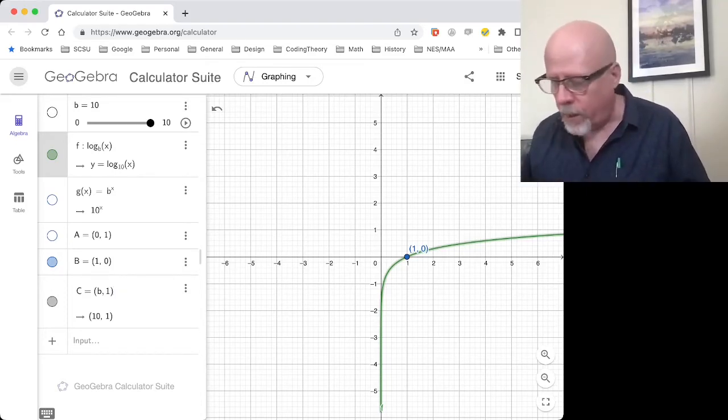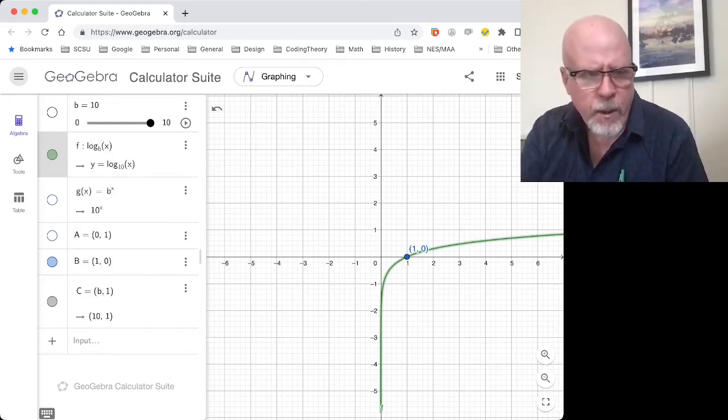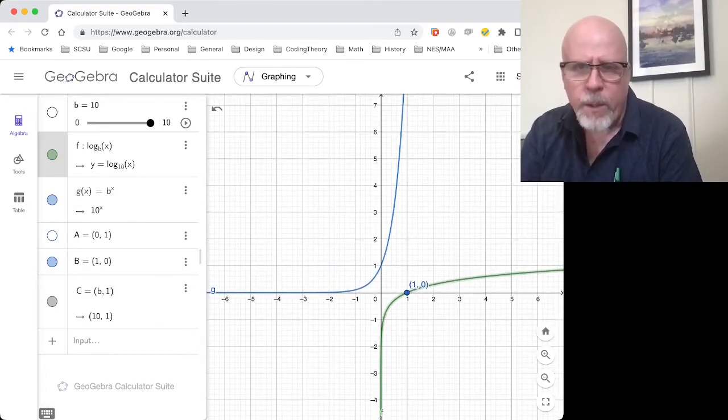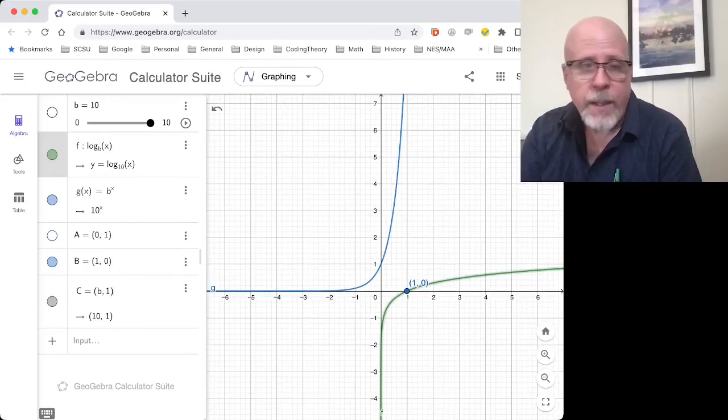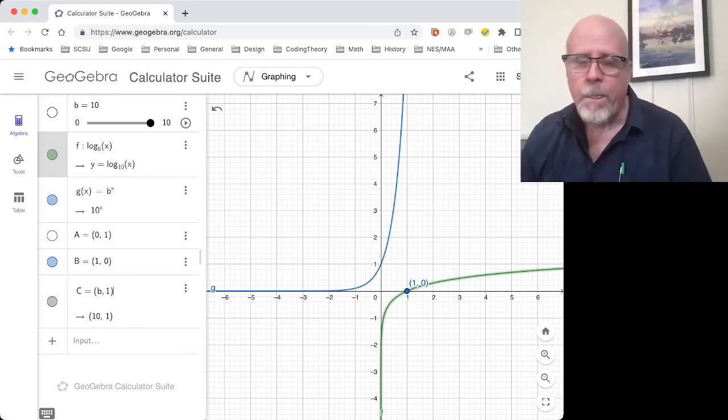Let's talk about range and domain for a sec. In fact, I guess I'll want to put the graph of the exponential back in. We know the domain and the range for the exponential, at least I hope you do. Is there any x value that will break something of the form b to the x, cause a problem? No. So every single x value is fine as an input.